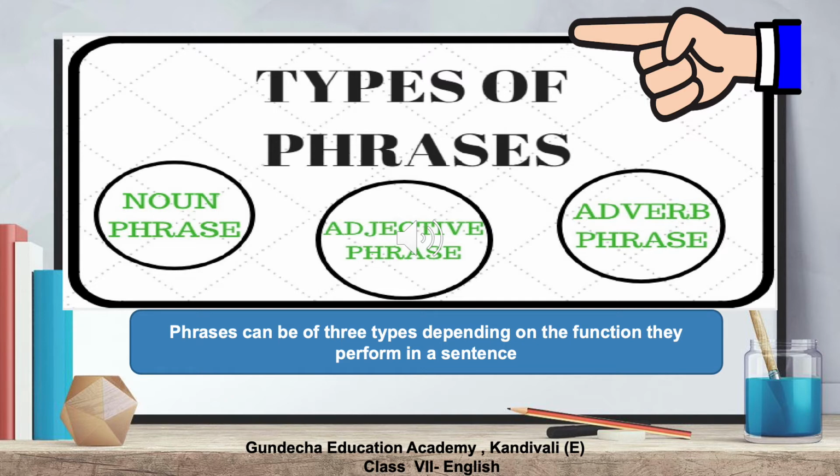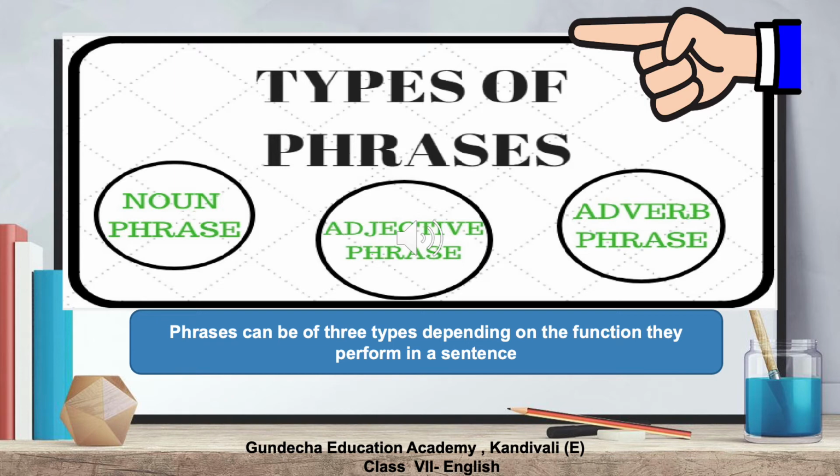If it performs the function of an adjective, it is named as an adjective phrase. And if it performs the function of an adverb, it is named as an adverb phrase. So we can say that phrases are of 3 types depending on the function they perform in a sentence.